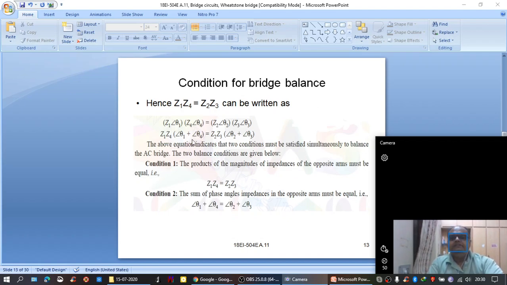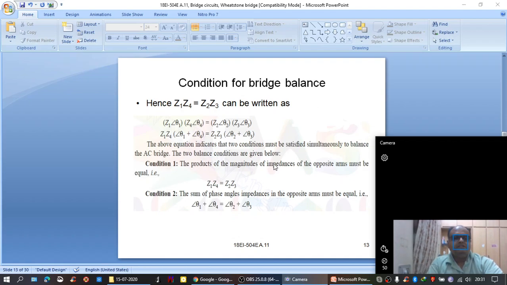Now multiply these two: Z1 e power i theta 1 into Z4 e power i theta 4 is equal to Z1 Z4 into e power i theta 1 into e power i theta 4. The base is common, so it can be written as e power i into theta 1 plus theta 4.